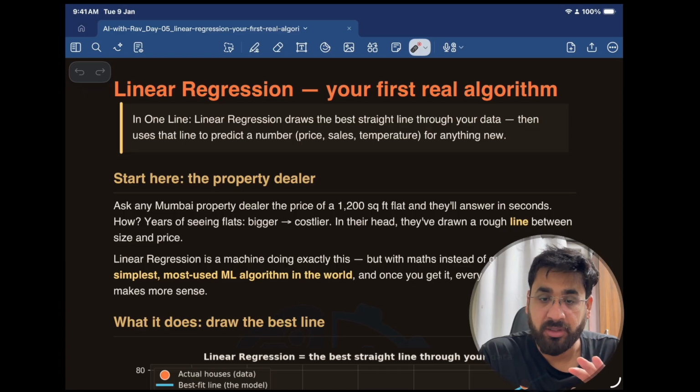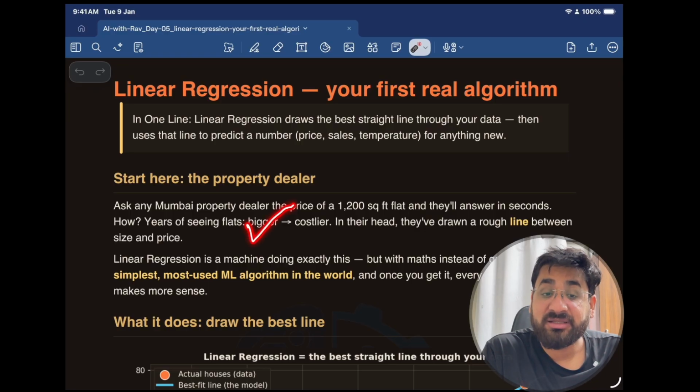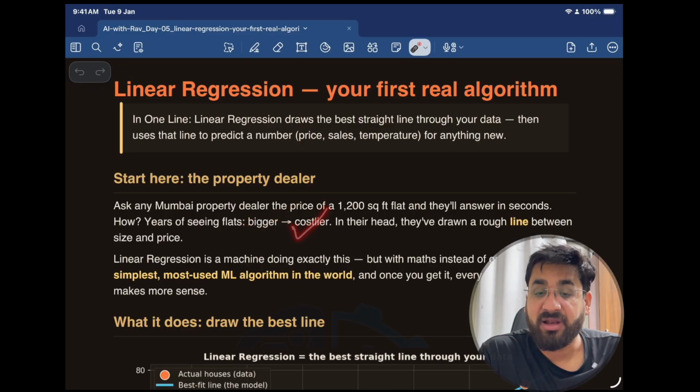It's not about Mumbai. Anywhere, ask the price of this much square feet to any property dealer, and they will instantly tell you. How? Because they have knowingly or unknowingly developed a model inside the brain that follows exactly the behavior of linear regression. They have figured out that the bigger the size, the costlier the flat.